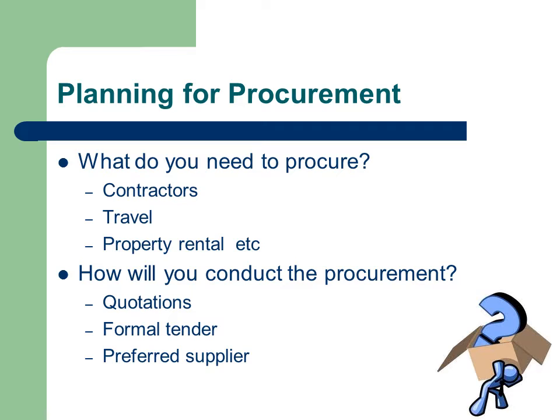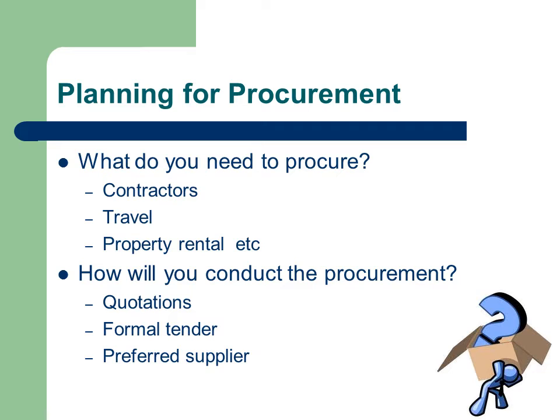For smaller purchases, sourcing 3 quotations is usually sufficient. For large purchases, often over $1 million, it is often necessary to undertake a formal tendering process. Many companies also have preferred supplier lists. These suppliers are pre-selected and must be used for procurement related to their particular line of business.